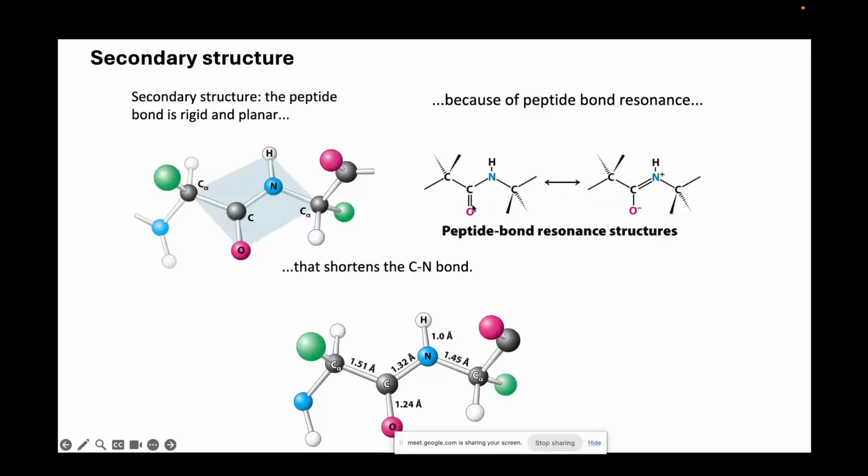This double bond has a resonance kind of structure that shortens this particular carbon nitrogen bond, and it also hinders rotation along this particular peptide bond. So although the peptide bond looks like it has one single bond, one double bond and one single bond, the single bond is not very flexible, it is rigid and it is planar. Right?